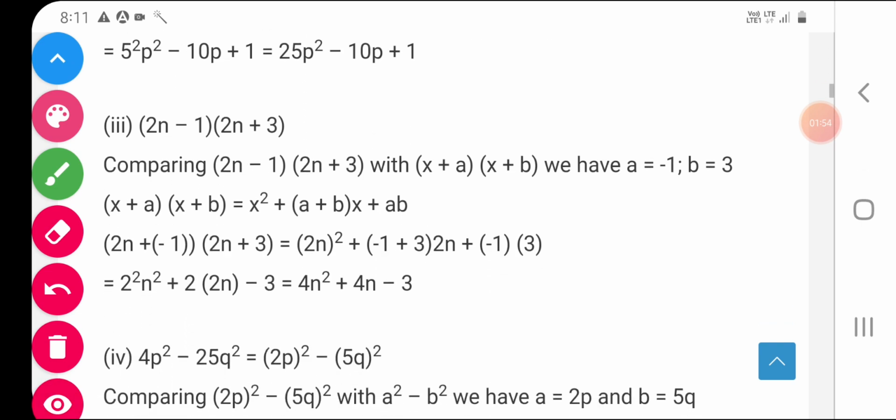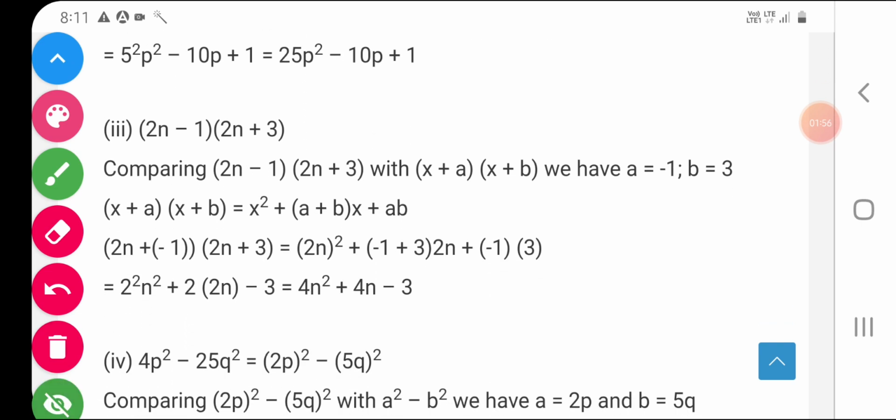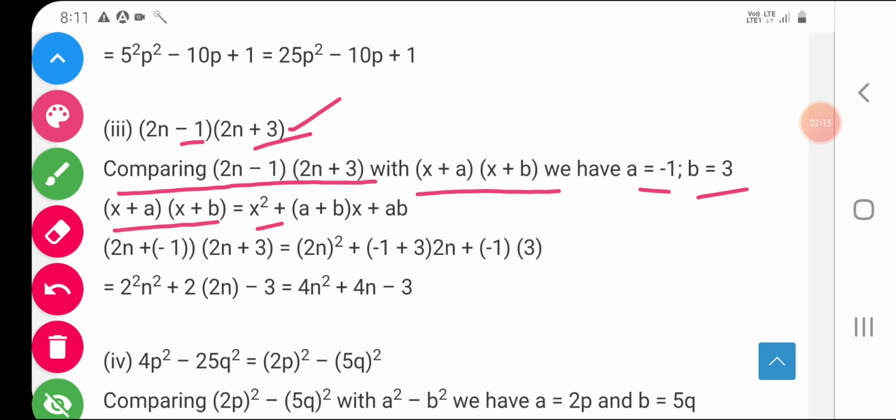Next subdivision 3, (2n minus 1) into (2n plus 3). Here we can compare this with (x plus a) into (x plus b). Here we have a is minus 1, b is plus 3. Now the formula is x square plus (a plus b)x plus a into b.